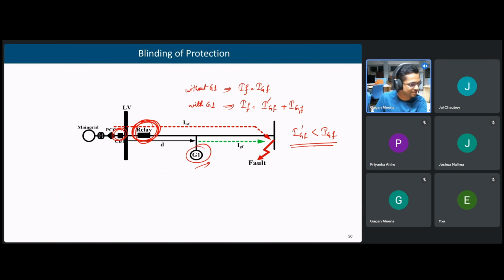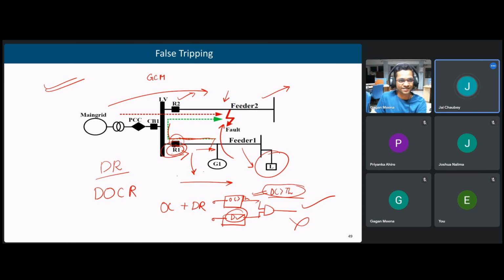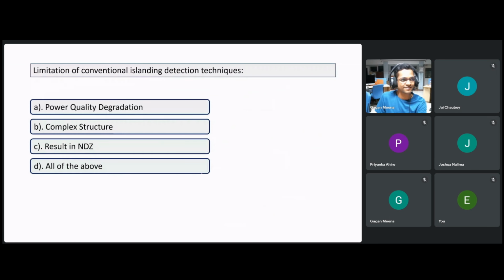So are all these four issues clear to everyone? Clear, then we'll move to questions.